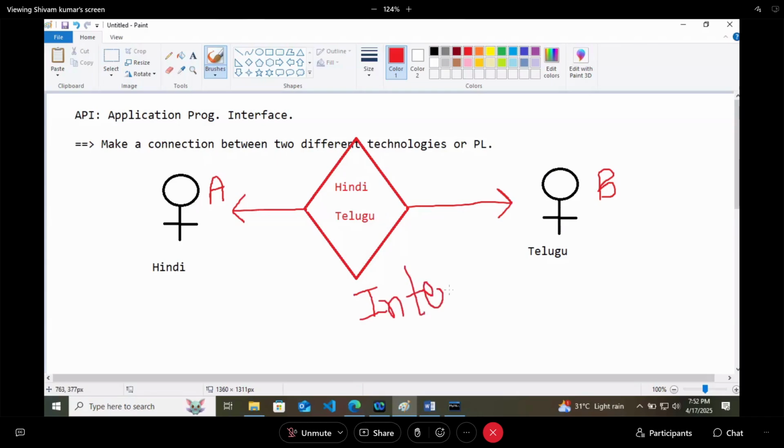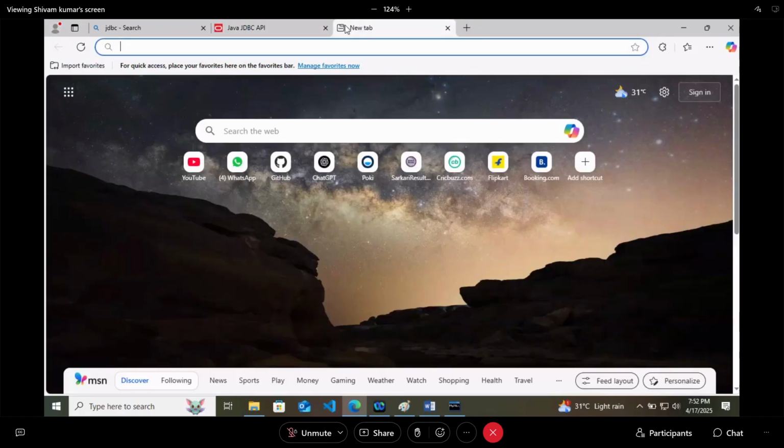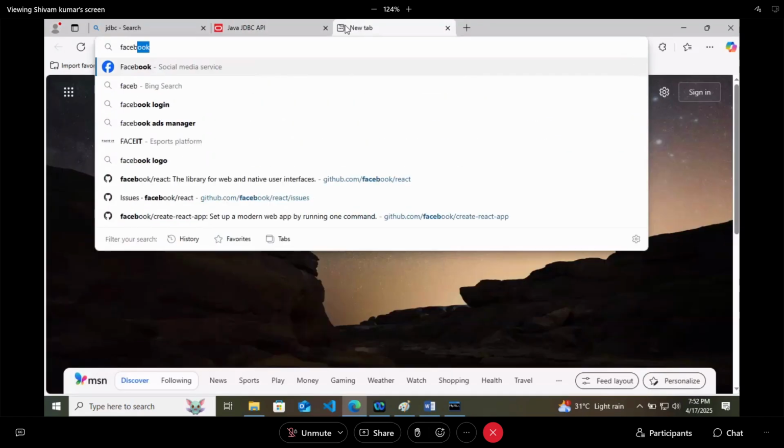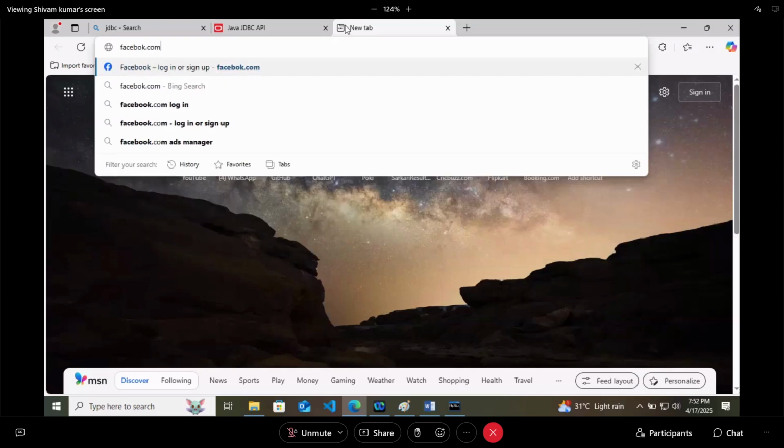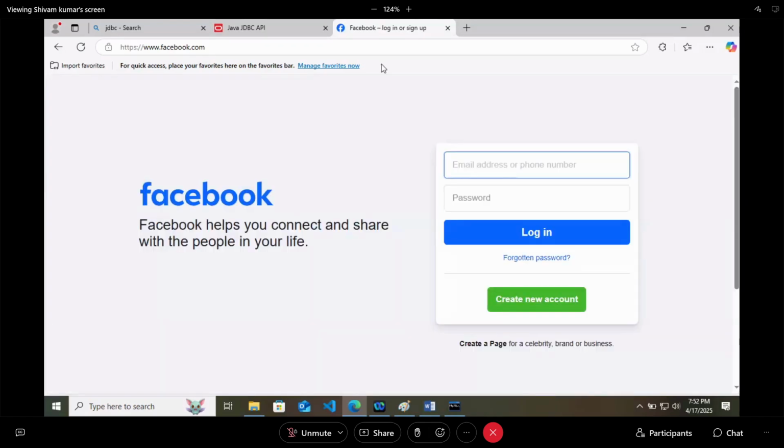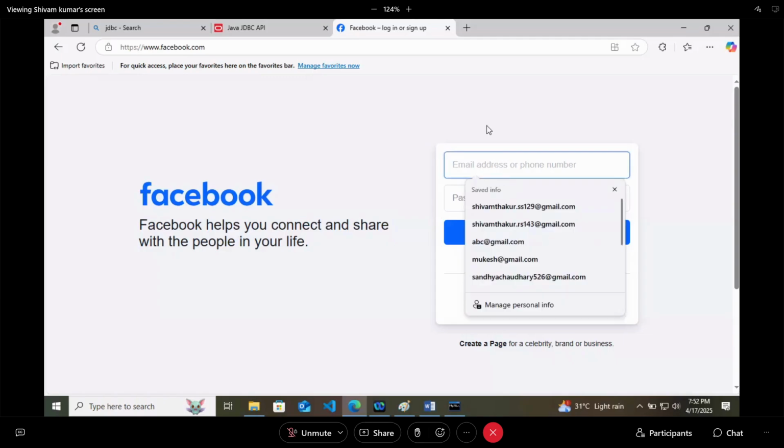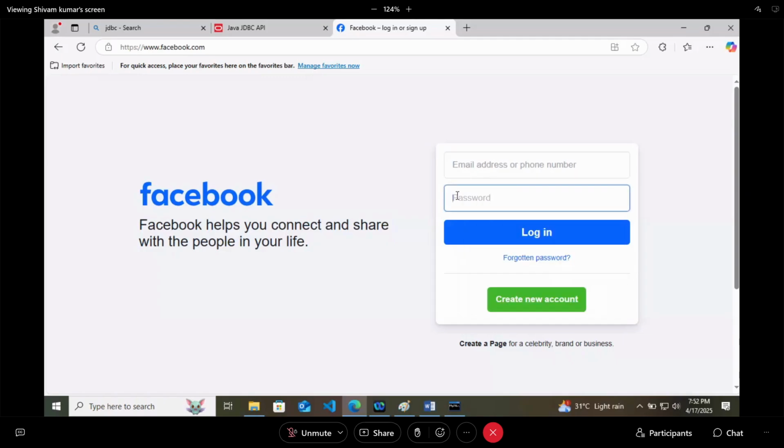And what is an interface? Where you are interacting. Let's say I will open a website, facebook.com. This is the interface of Facebook where you will interact, where you will write your email ID, where you will write your password.